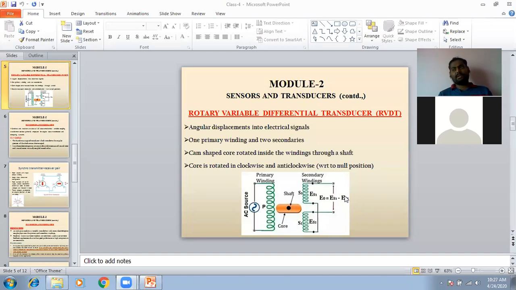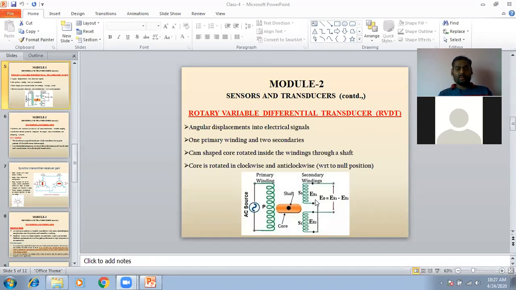That means the shaft is not rotating. It is at a null position, it is stationary. Once the shaft is rotated by angle theta, the voltages induced in the secondary windings S1 and S2 will differ. That means there is a difference between the two secondary voltages. Depending upon the voltages, we are going to measure the magnitude of the angle.